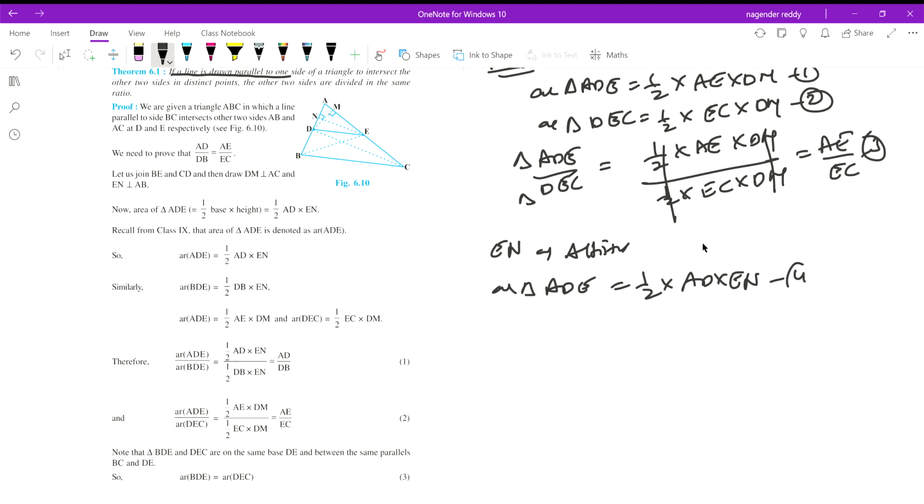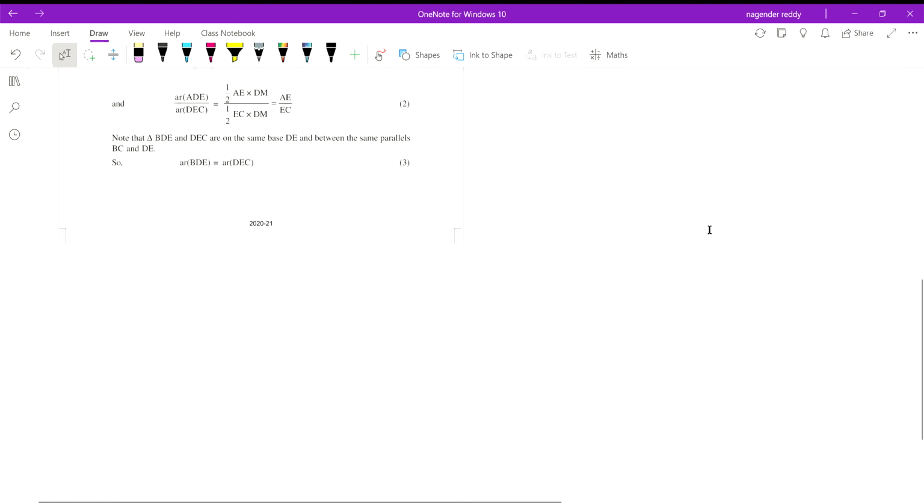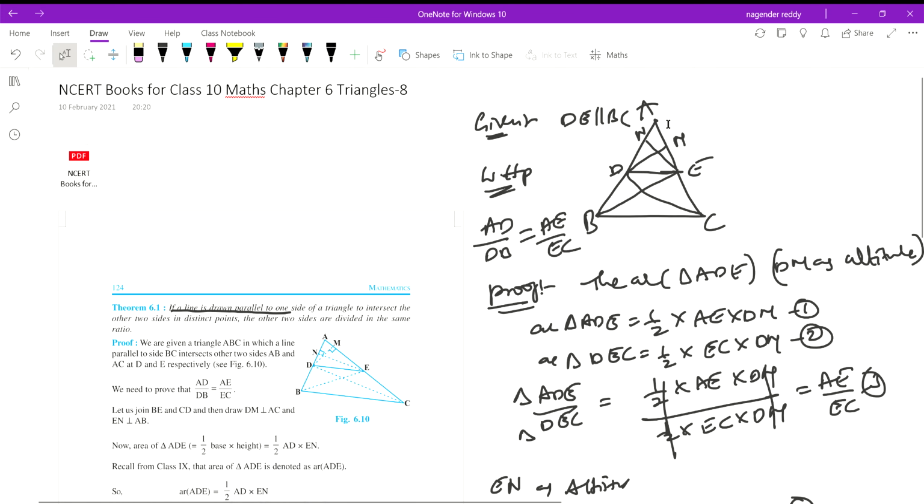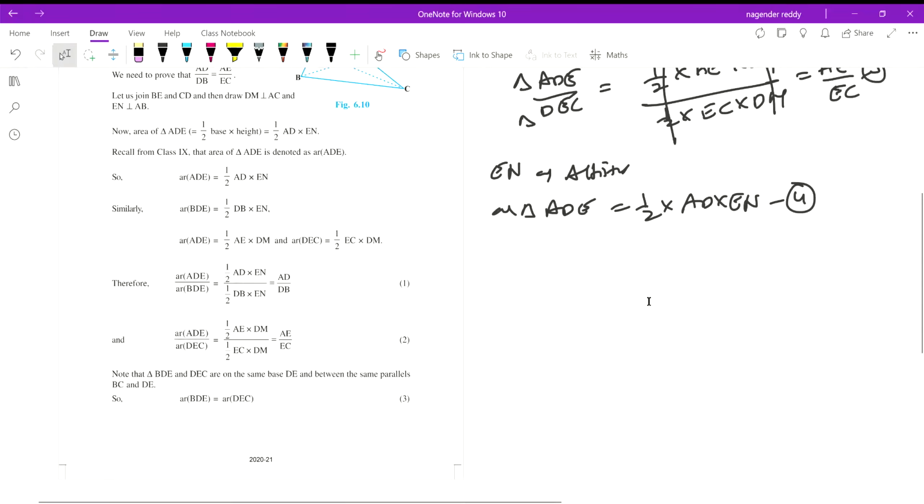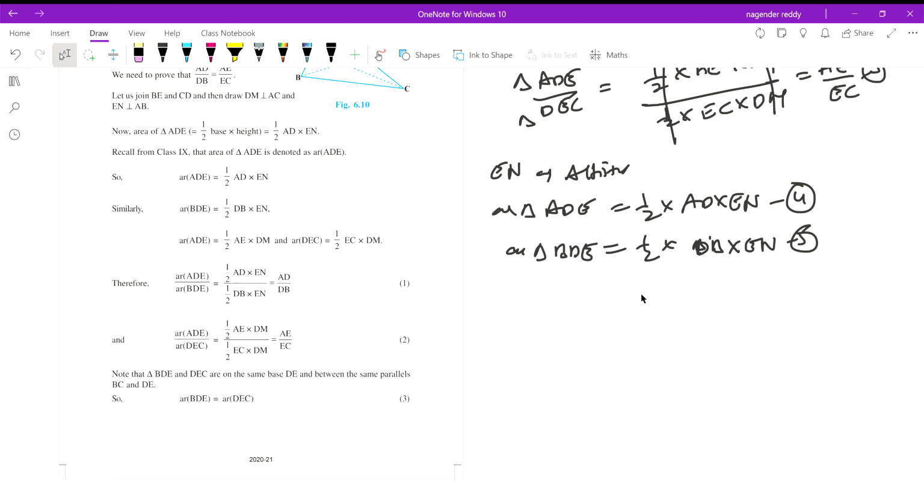Consider this equation 4. Since EN is also the altitude for triangle BDE, with DB as the base, the area of triangle BDE is half into DB into EN. Consider this 5. Now solve 4 and 5: the area of triangle ADE by the area of triangle BDE is equal to this ratio, where the common terms get cancelled.